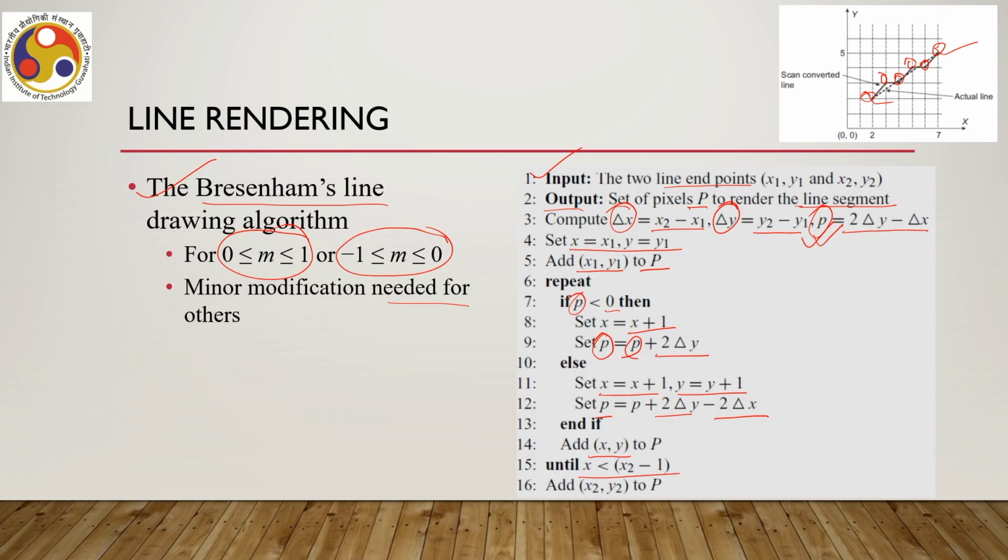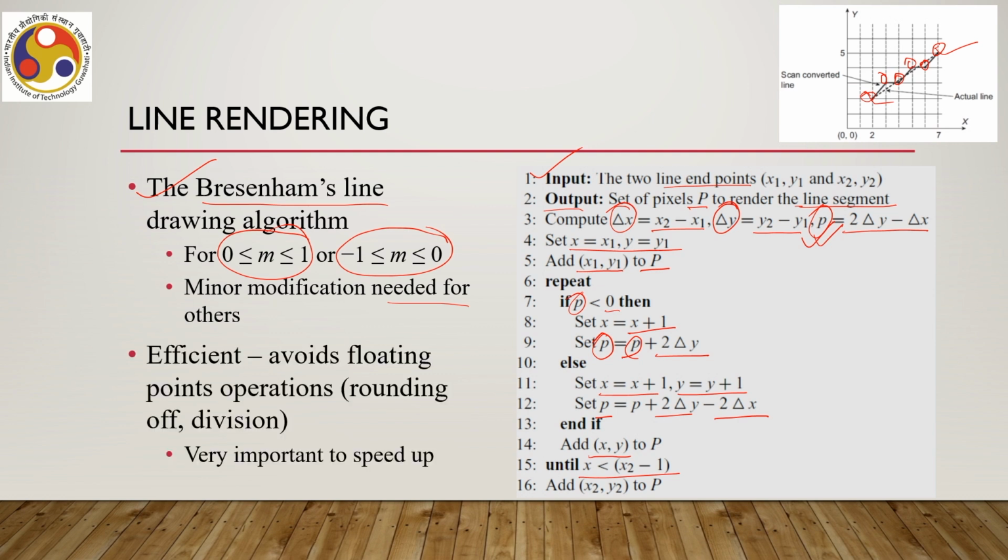So, this actually speeds up the rendering of lines, and this is one instance where we can have an efficient algorithm for faster line rendering. There are similar algorithms possible for other shapes as well. This algorithm is efficient because it avoids floating point operations such as rounding off and division, and also sometimes floating point multiplication.